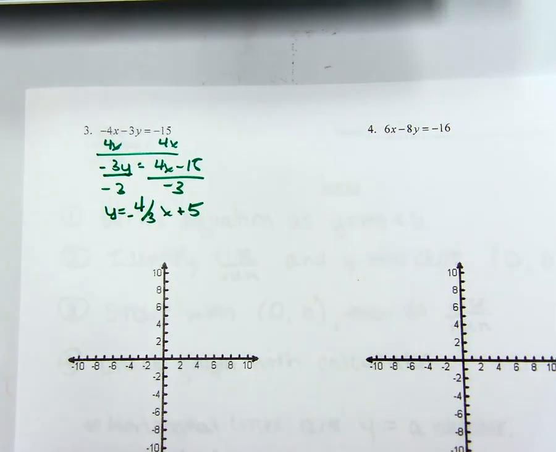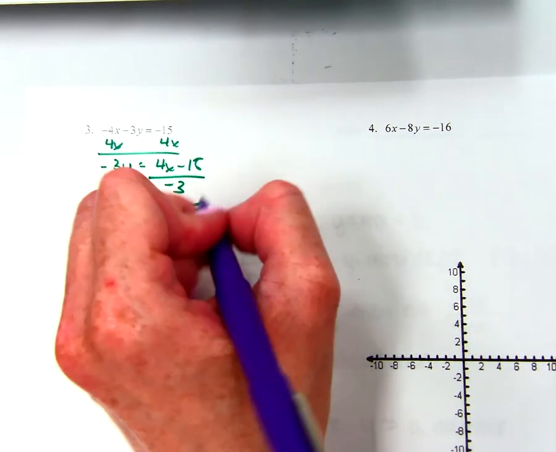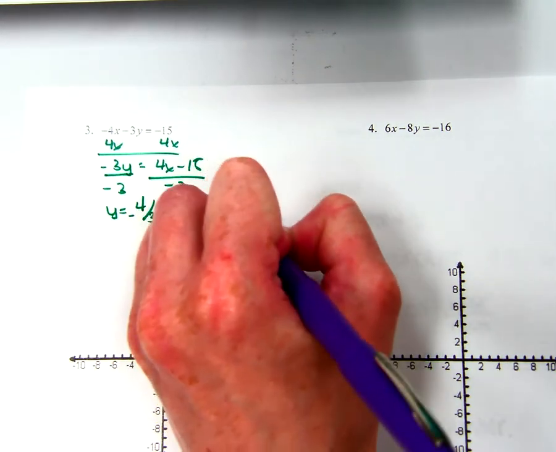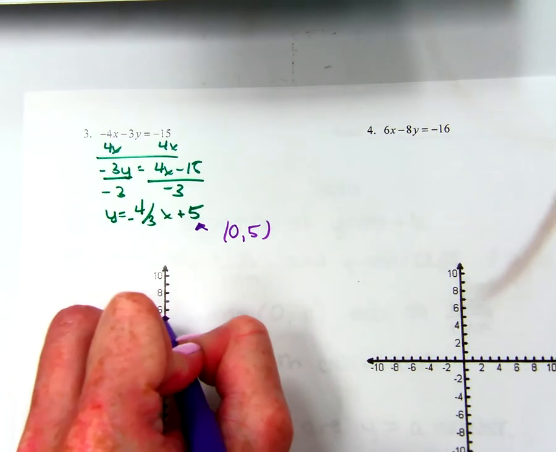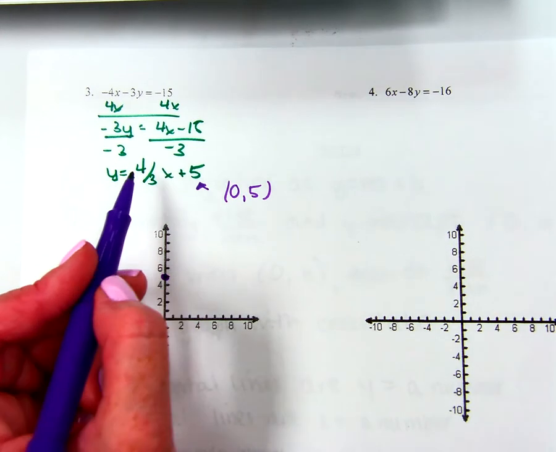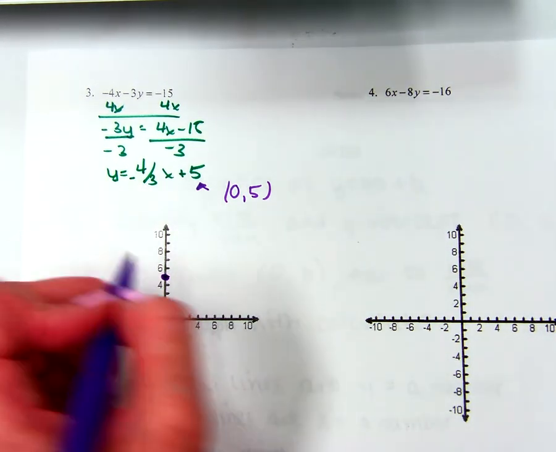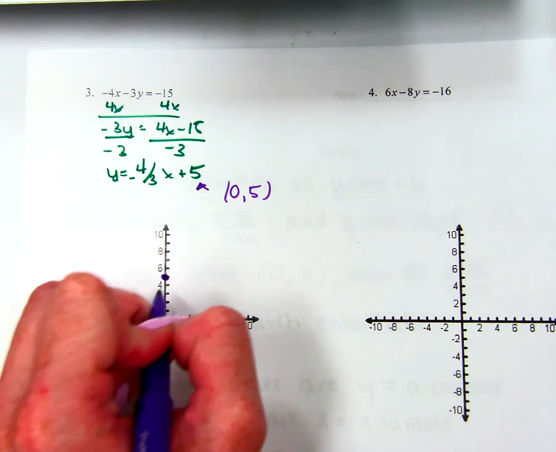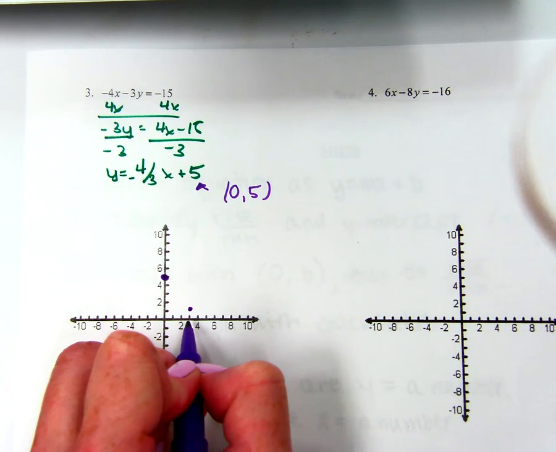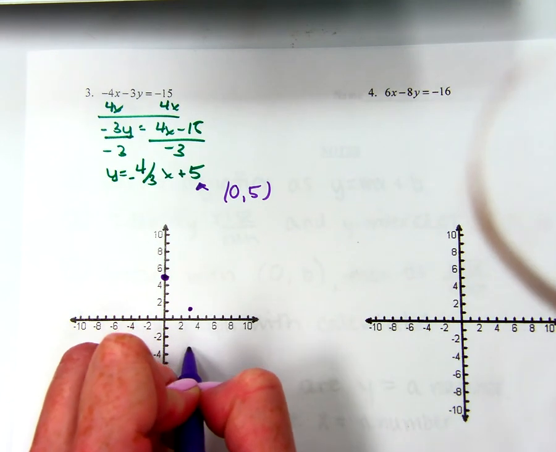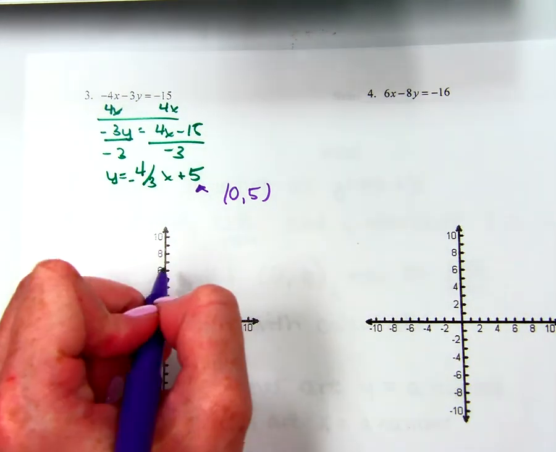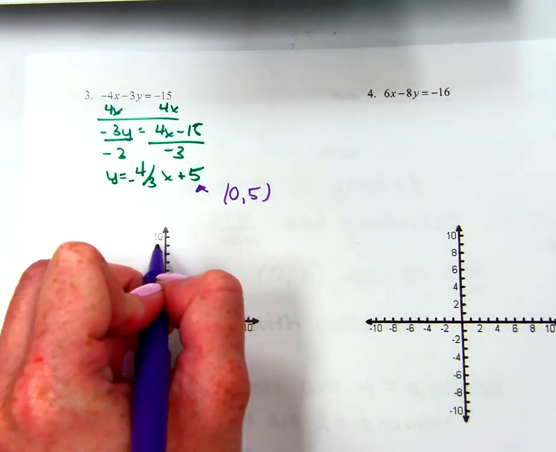Again, I'm going to look at my b here in my y equals mx plus b. That's going to give me my ordered pair of (0, 5). I'm going to plot my point and use my slope now to graph. Negative 4 over 3, so I go down 4 and over 3, and I'm going to reverse that as well: up 4 and over 3.